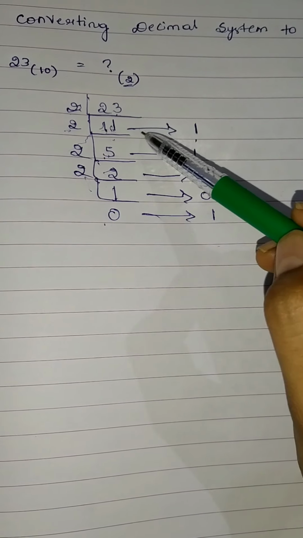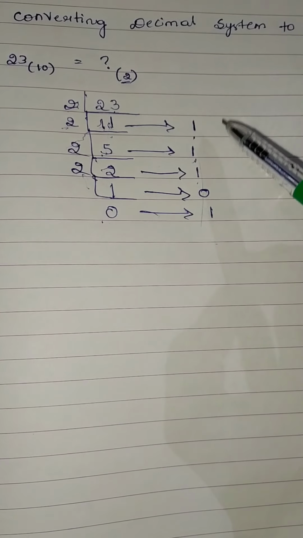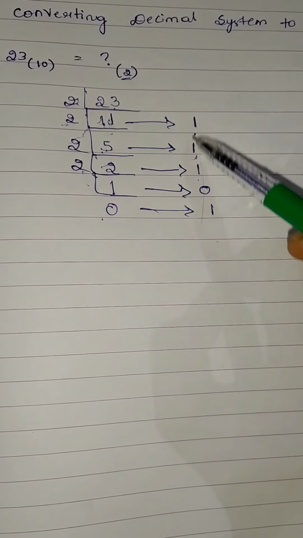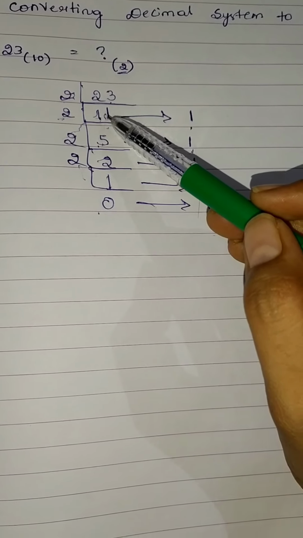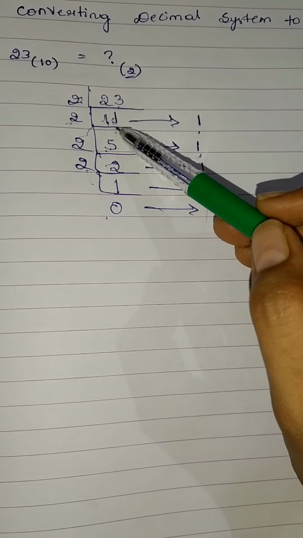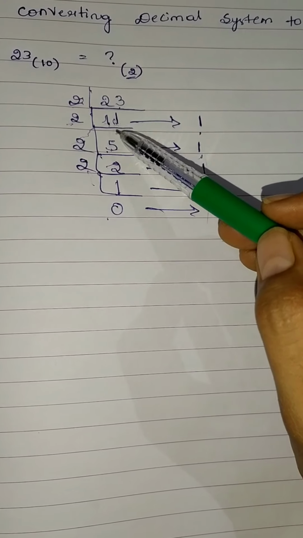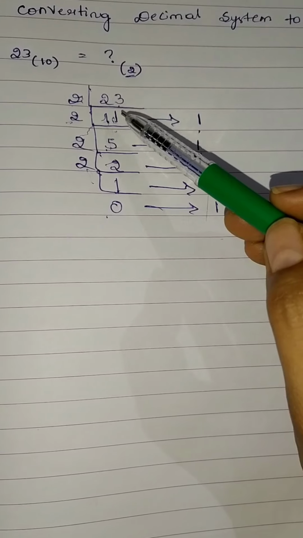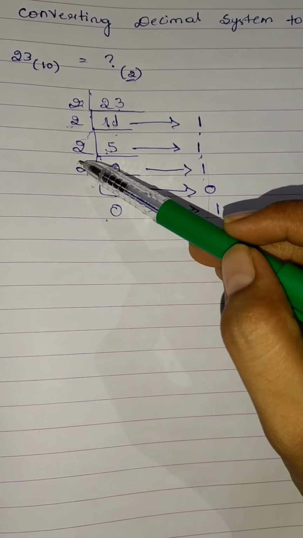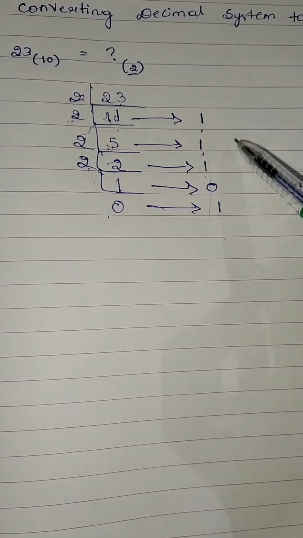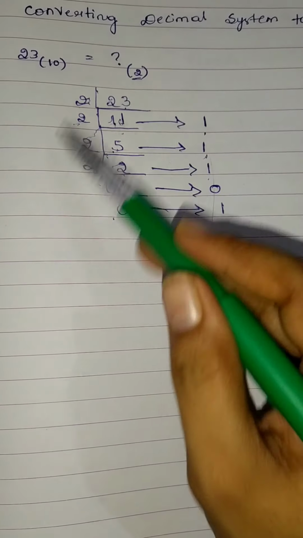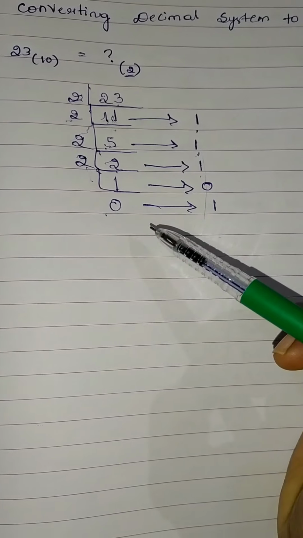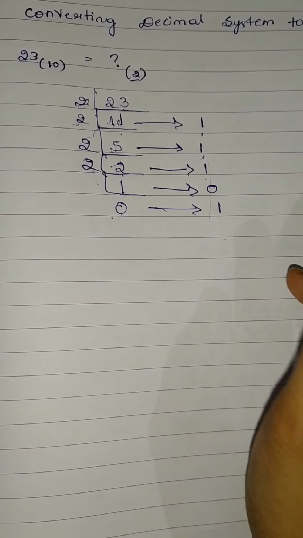Then we record the remainder values in each step, and that will be considered as the rightmost digit, and then the quotient value. Again we divide this quotient by the new base. Then we note down the remainder as the next digit. Then we follow all these steps until the quotient value becomes 0.